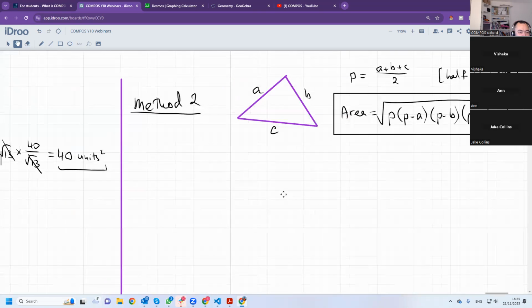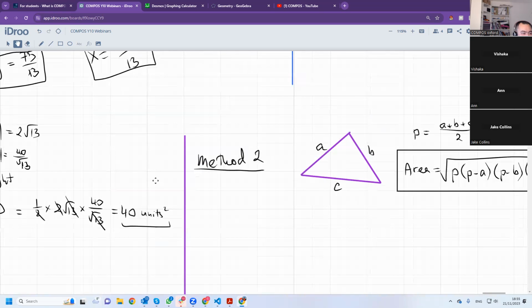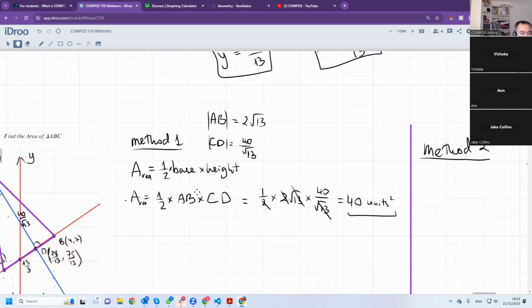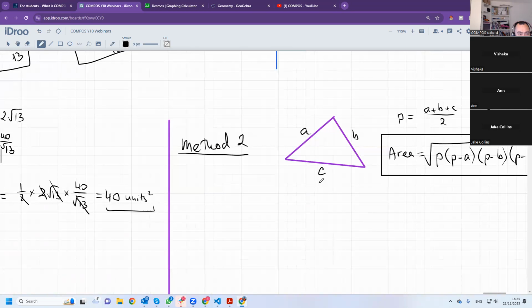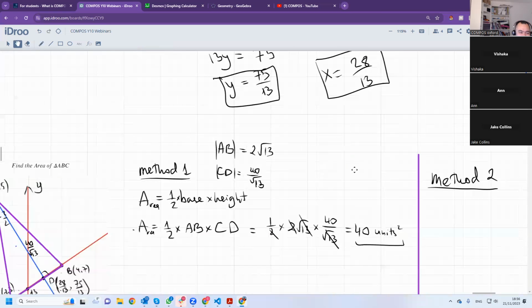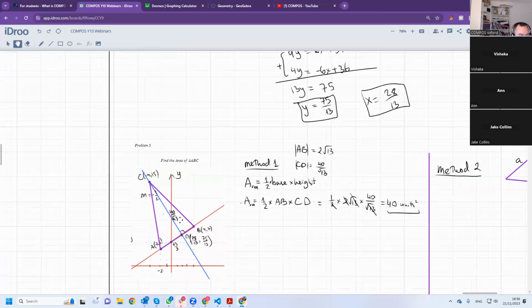So we have a triangle. We know that one of the sides is 2 root 13. You know what? I'm a bit lazy doing this because the sides are very awkward.